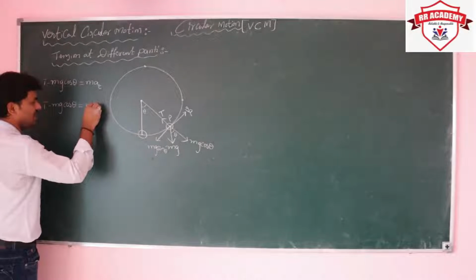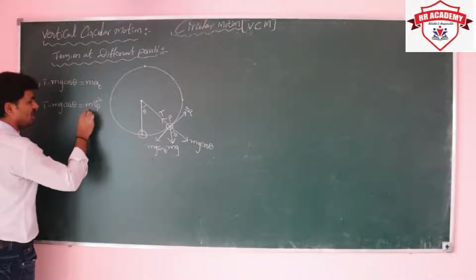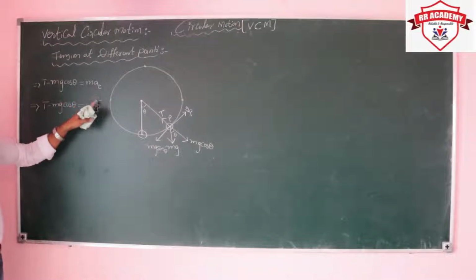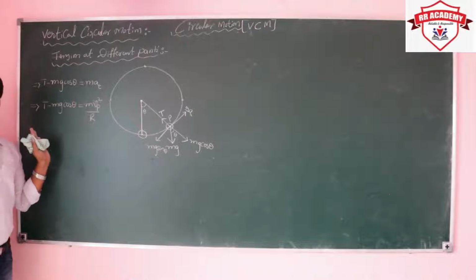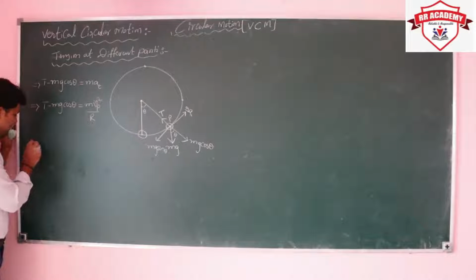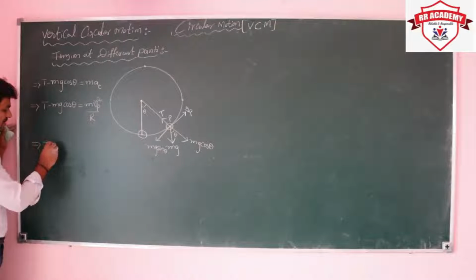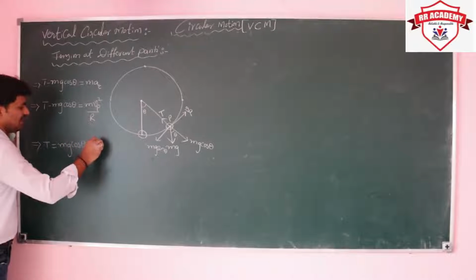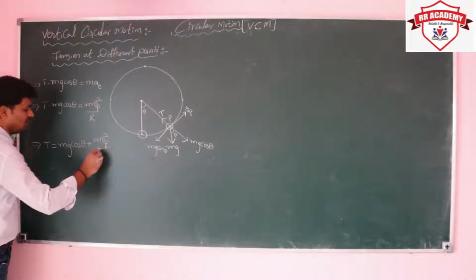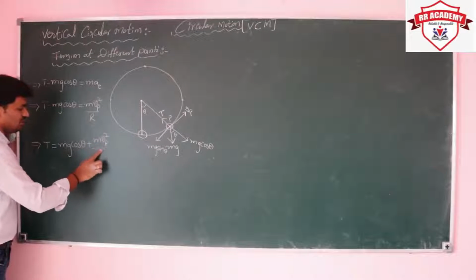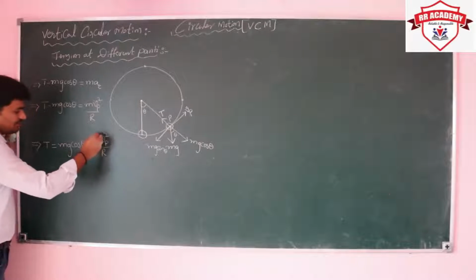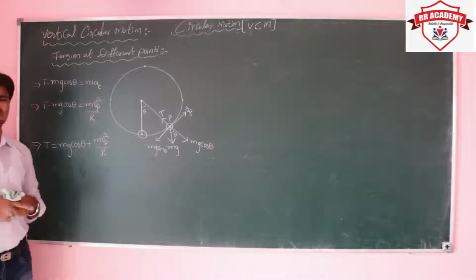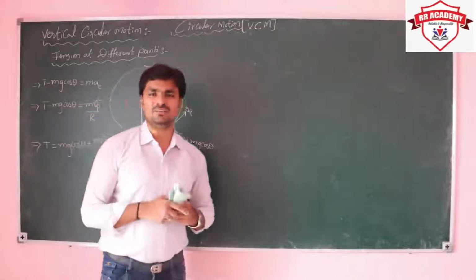So you can write this as T is equal to mg cos theta plus m vp square upon r. This is the tension in the string at a point P.